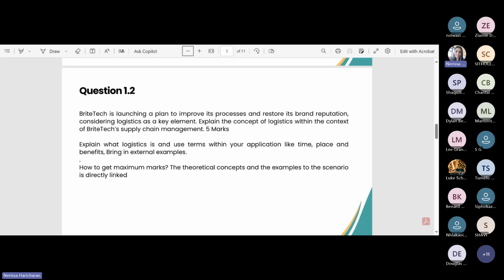If you cannot explain too much from there, bring in an added example. Bring in how inventory has affected another tech company or another appliance company, and that will give more juice to your answer. But don't just do a one-liner because the one-liner is not going to work.